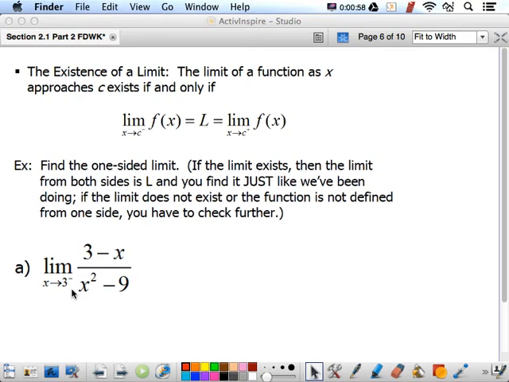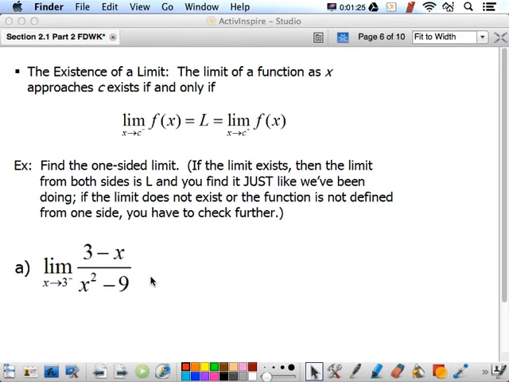There is nothing about this function that should make you think that it's going to behave in a way that would have a jump. Do y'all understand that? It's not absolute value, it's not a piecewise function, it's not a square root function. It may have asymptotes and it may have holes, but there is nothing about it that's going to make us believe that there's anything weird going on so that the limit shouldn't exist.